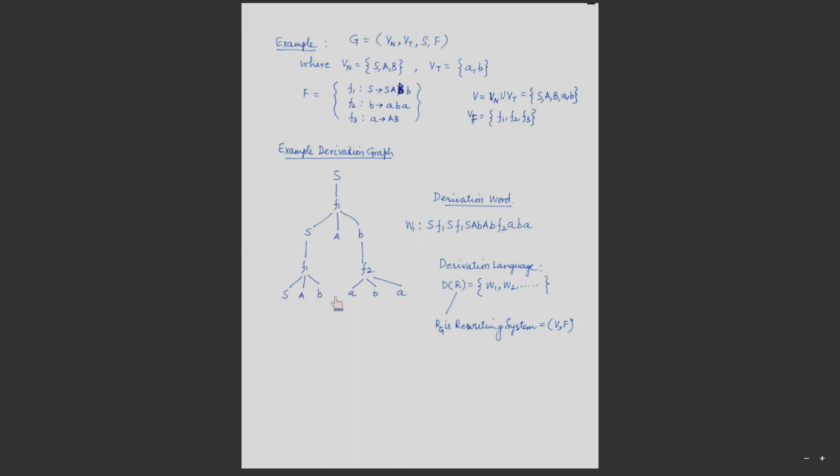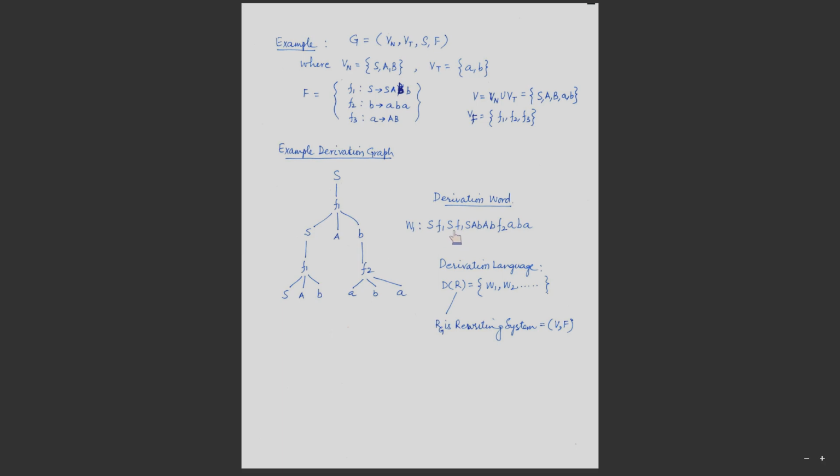This graphical representation is not advisable to be used everywhere in the algebraic form. So here this derivation can also be depicted by this string. Look at it very carefully. S is the start symbol, then we apply production rule F1.